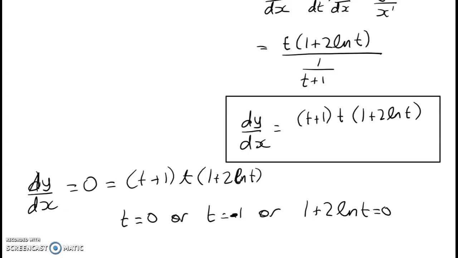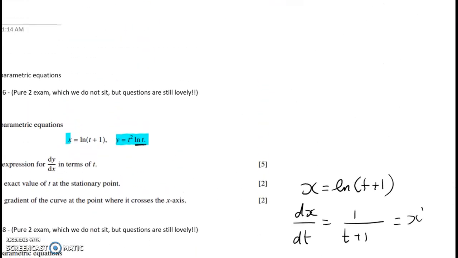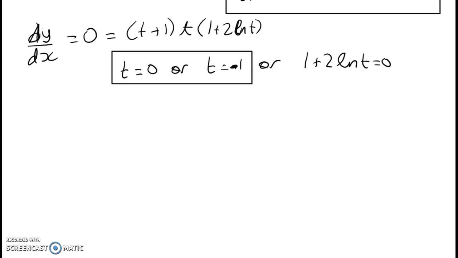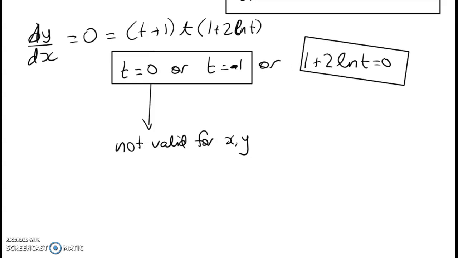But this is where the thing I was talking about at the start comes in. If you go back to your x and y's, neither 0 nor -1 is a valid solution, right? Because we can't have the natural log of 0 in there, and we can't have the natural log of -1 in there. So all we have to say here is not valid for x and y, and then that leaves us with this one value here.